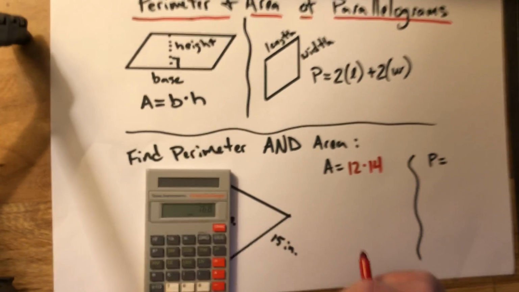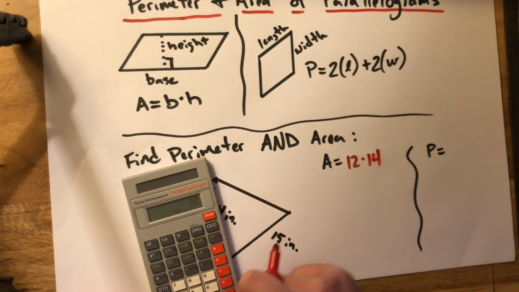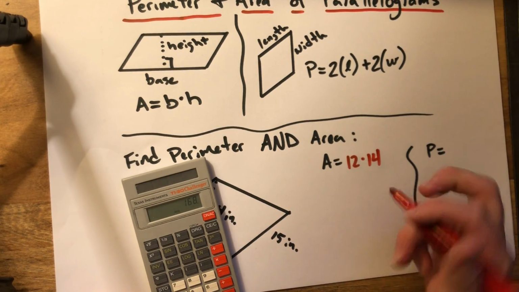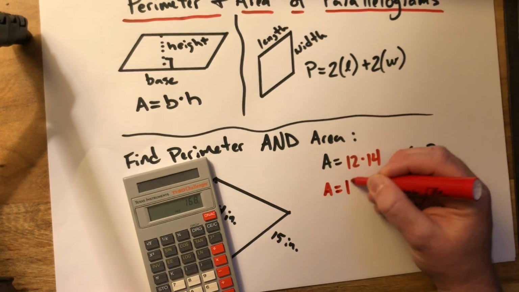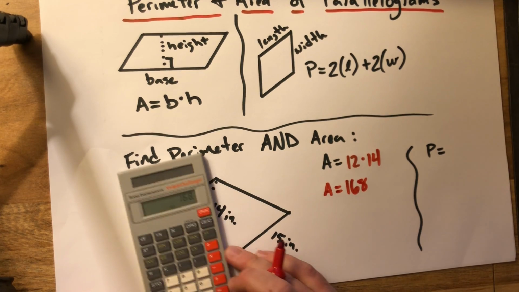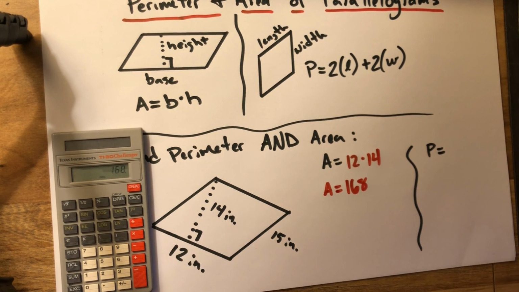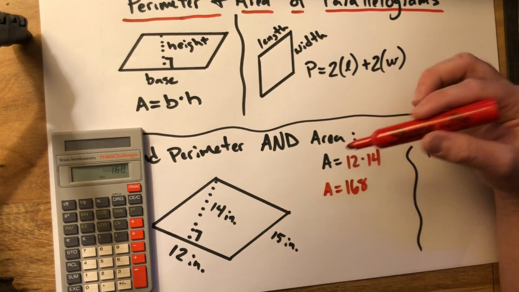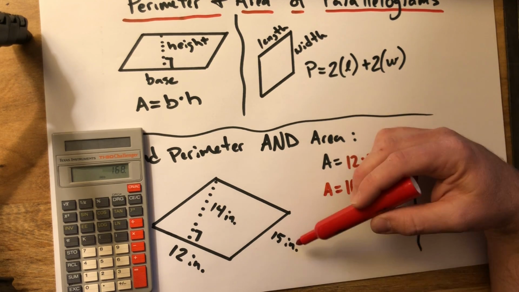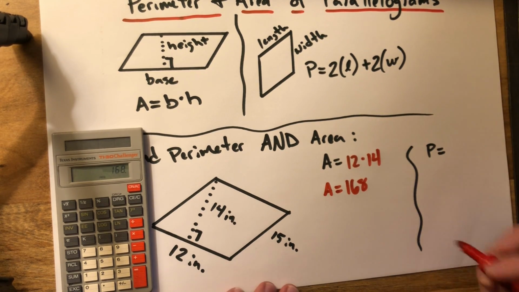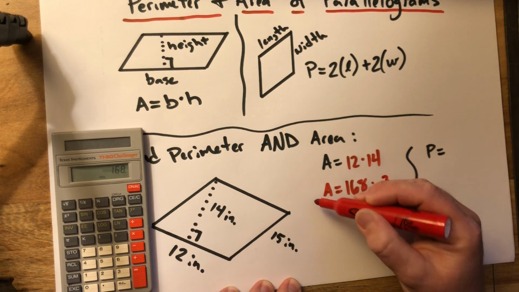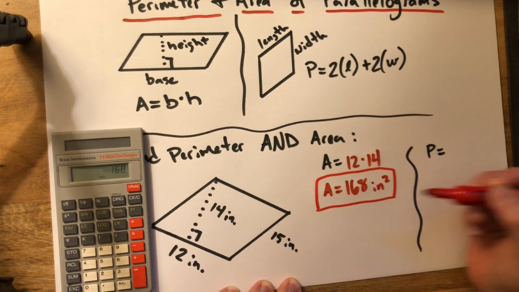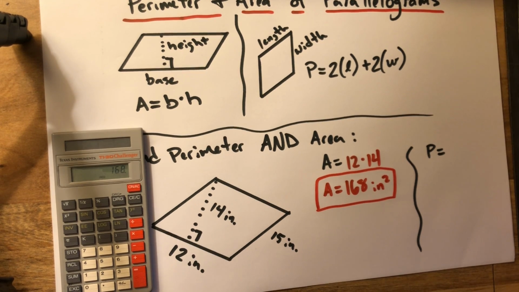Grab my calculator, make sure I'm right here. 12 times 14 is in fact 168. So area equals 168. When we're finding area, the label is measured in square units. We're looking at inches here, so this is going to be square inches, or inches squared. That's how you find area of a parallelogram, base times height.